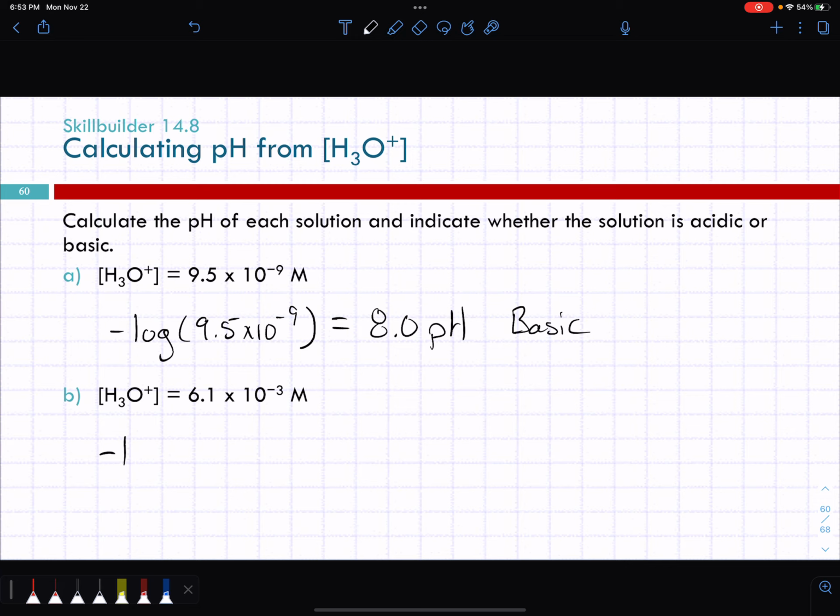So this next one is the negative log of 6.1 times 10 to the negative 3. So negative log 6.1 E negative 3. So it's going to give us a pH of 2.2.